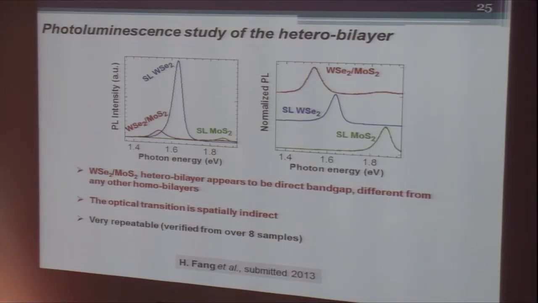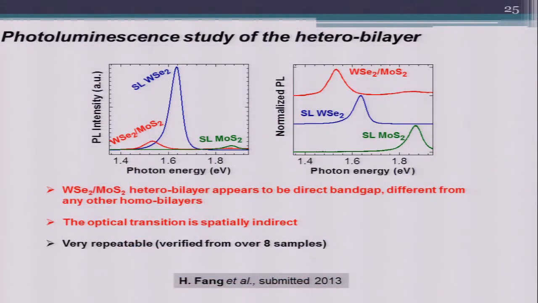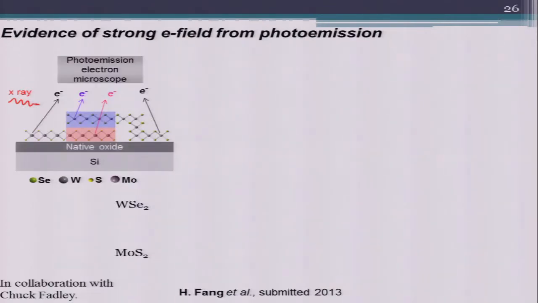So there's indeed a strong interaction between these two material systems, and now we have a new material system with a different band gap. First of all, the band gap is direct based on the PL study. The PL signal is strong, so it's a direct band gap heterojunction or semiconductor. And the optical transition is spatially indirect, from one layer to the next layer.